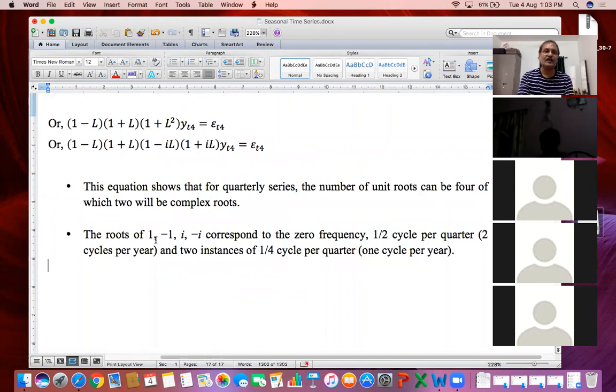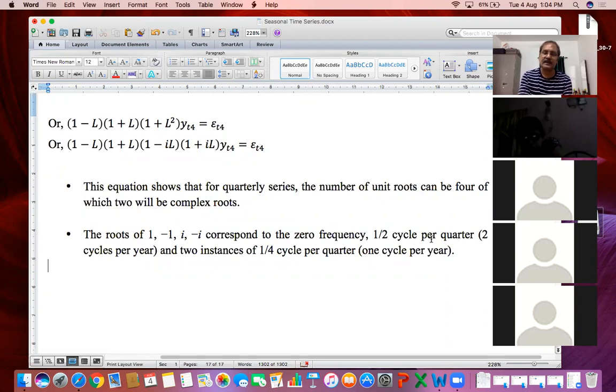The first value of L provides you 1 cycle within a year. 1 cycle within a year means 0 frequency, that is, it is just similar to the movement of the annual time series. The second value of L, in our case of quarterly data, provides you the half cycle per quarter.